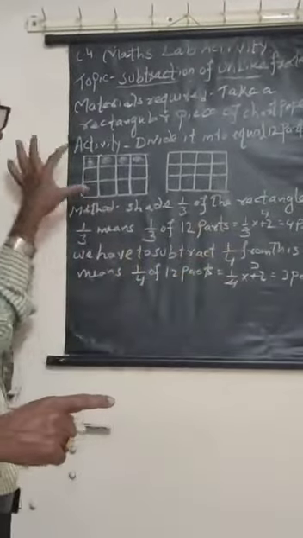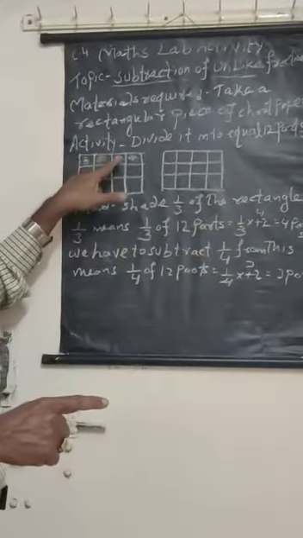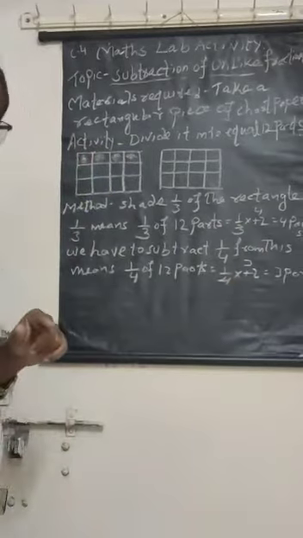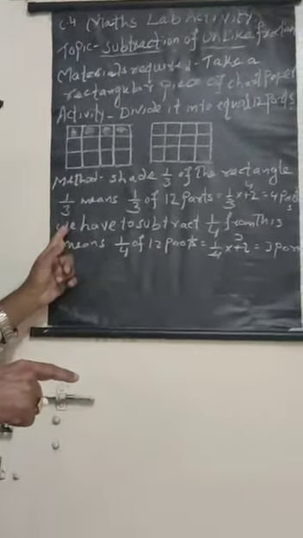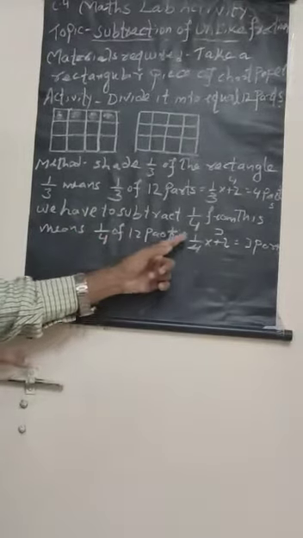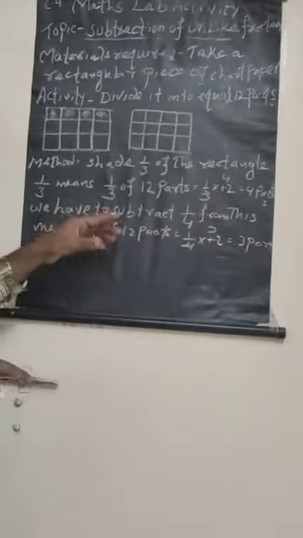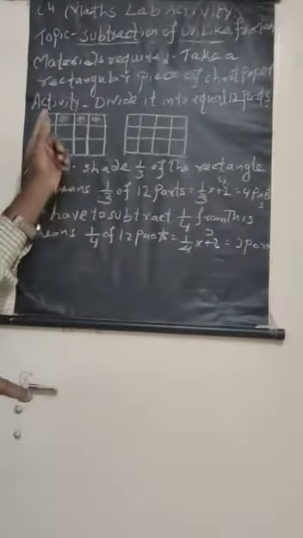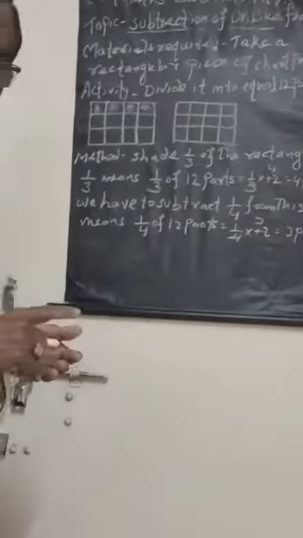1/4 from 1/3. We have to subtract 1/4, which means 1/4 of 12 parts. So 1/4 of 12 parts is how many parts? 3 parts. We have to subtract 3 parts from 1/3, right?